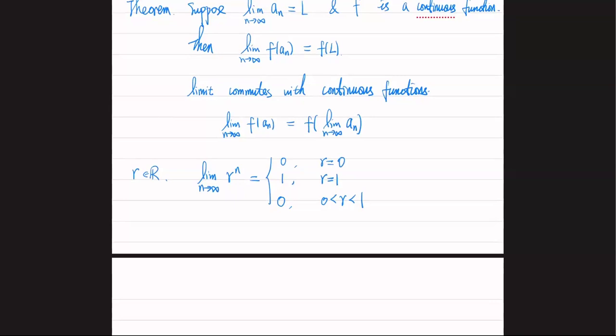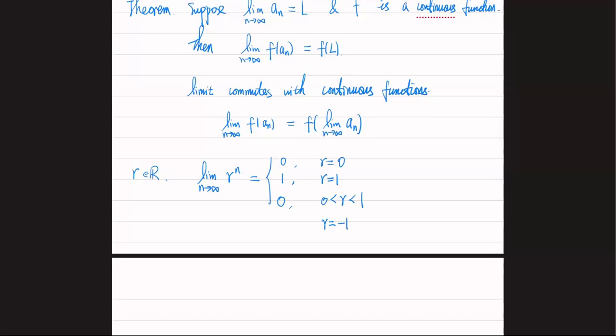Okay, and Elisa, another case. R is -1. What's the limit? Okay, I said -1, but I wrote 1, mistake.